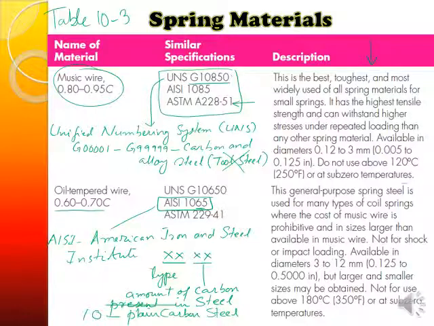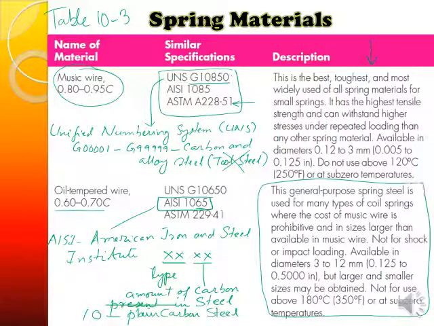Description is given here, and you can read it and see, is this the wire that you are looking for to make a spring for your application. So for example, if you're looking for shock or impact loading, this is not the one. If you're looking for more than this diameter of the wire, it is not there.